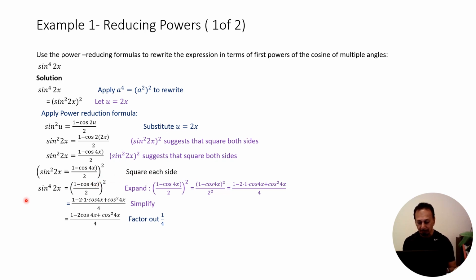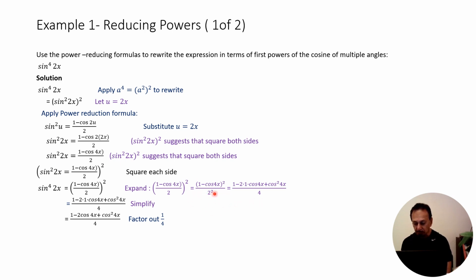Now we square each side. So when you square, sine squared becomes sine to the 4th of 2x. And this becomes 1 minus cosine 4x over 2, to the power 2. Now we expand: we can square the denominator and square the numerator. Then we have 1 minus cosine 4x, to the power 2, over 2 squared. 2 squared becomes 4.